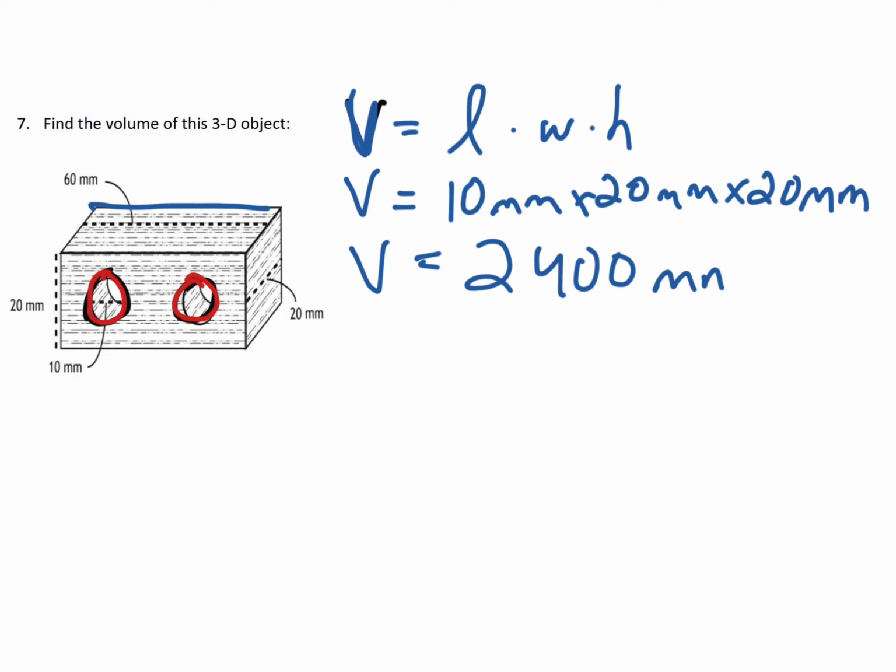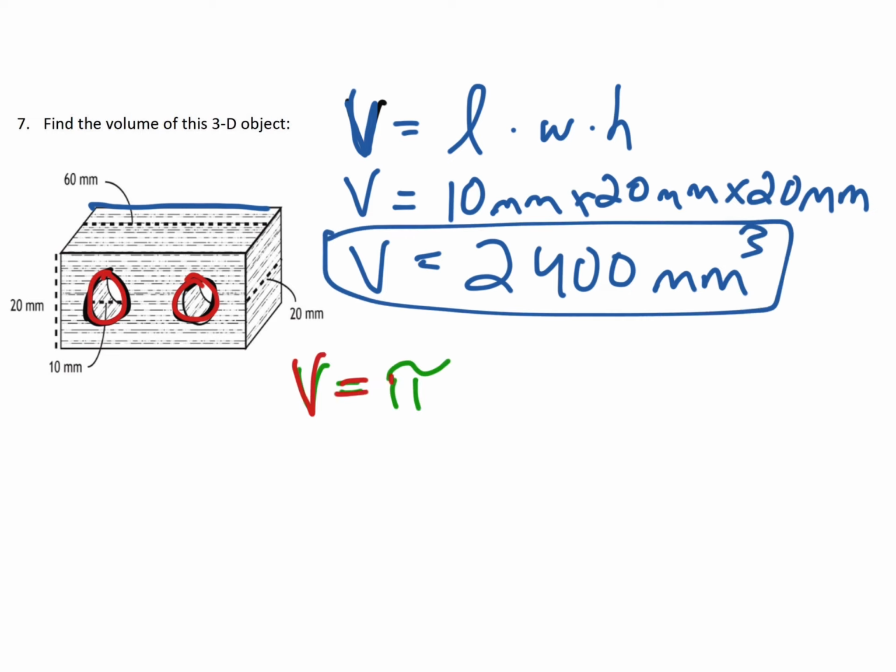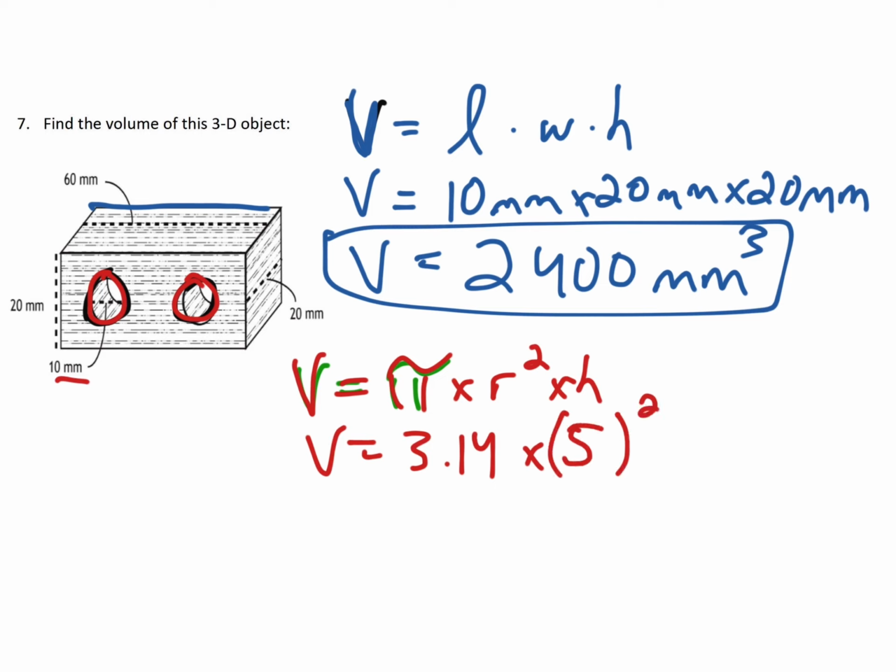The volume of the cylindrical hole, that should be red. It should not be green. Pi times r squared times height. In other words, 3.14 times, remember it's the radius, they gave us a diameter here, so we have to take half of that to the power of 2 times the height.